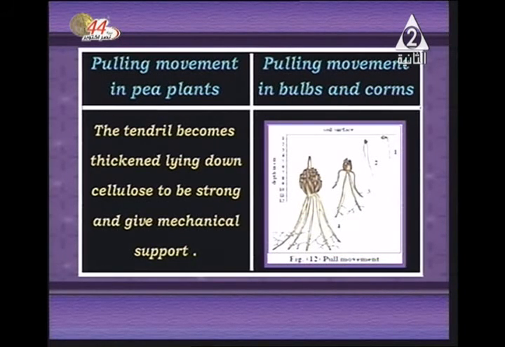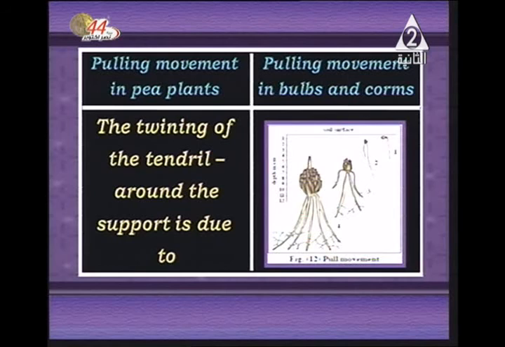After that, the tendril becomes thicker, laying down an appropriate amount of mechanical support like cellulose to be strong. As we said, the twisting of the tendril around the support is due to what?